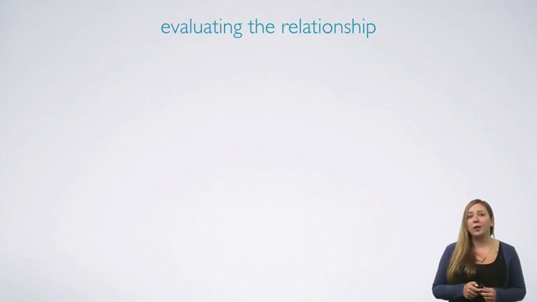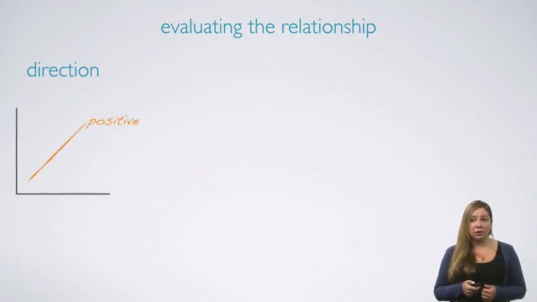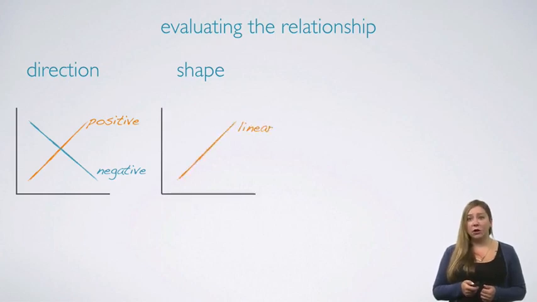Let's summarize quickly what we've learned about relationships between numerical variables. When evaluating the relationship between two numerical variables, we should make sure to examine the direction of the relationship. Is it increasing or decreasing? The shape of the relationship, is it linear or does it follow some other form?